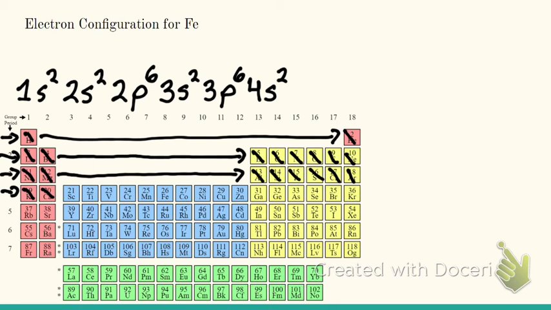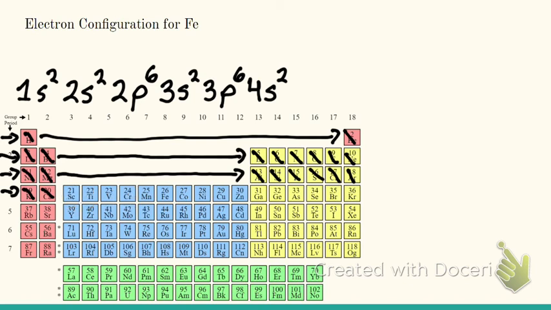All right, now this is where it gets a little bit weird. Whenever we are entering into our d block, we are going to drop our row number by 1. So instead of this being 4d, it is actually going to be 3d.